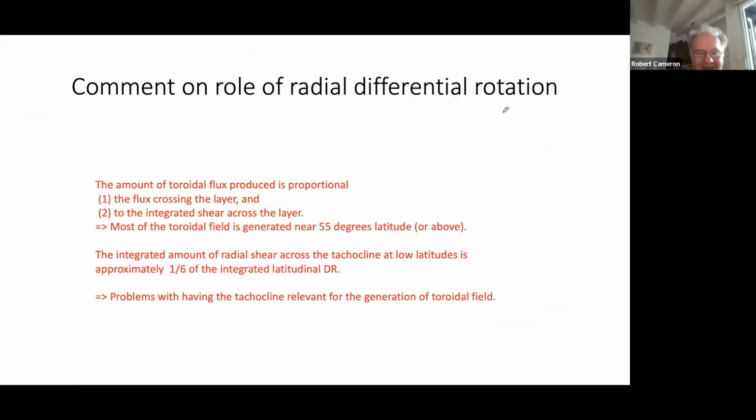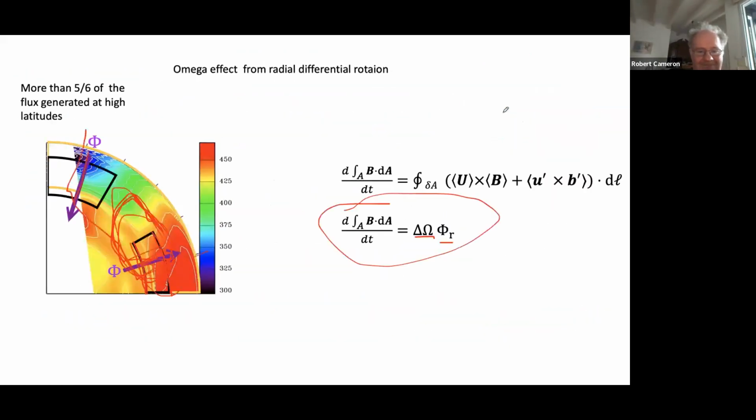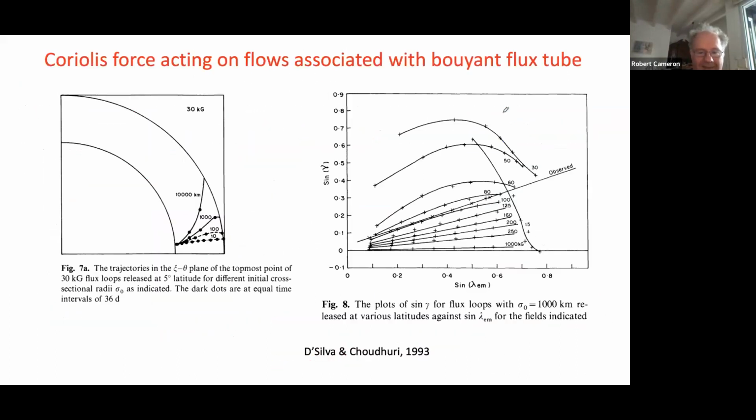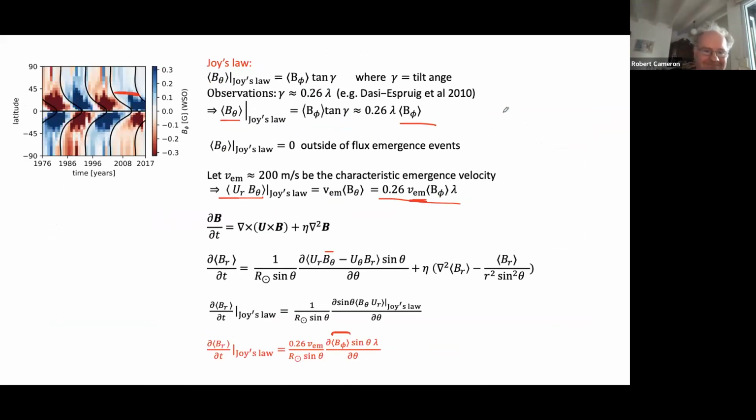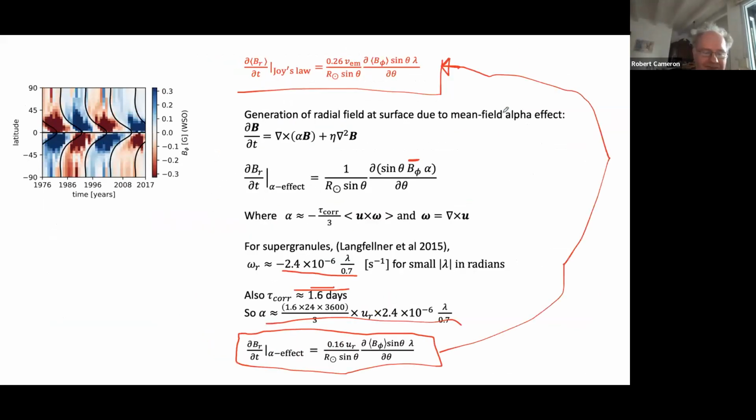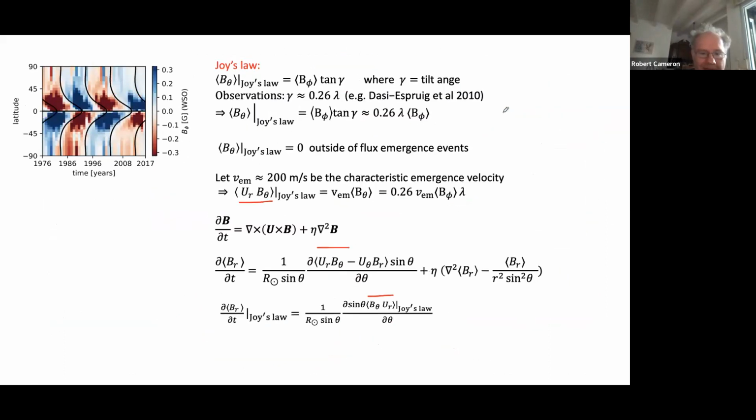So it could be, you know, the thin flux tube you picture, or it could be the mean field approach. I can't tell the difference. But you need Joyce law.